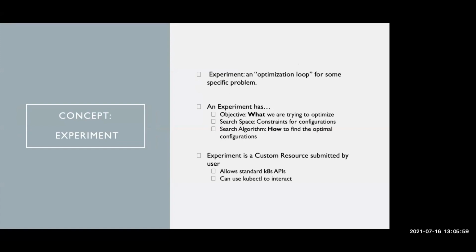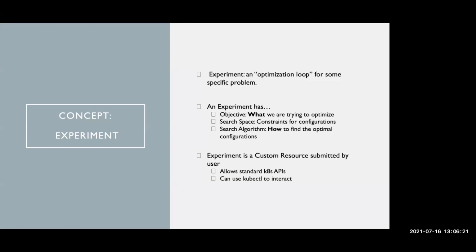The first section is the objective, which is what you are trying to optimize. I'll take one example and talk more about it in the future slides. Then comes your search space, which defines the constraints for the different parameters, and the search algorithm, which defines how to find your optimal configurations.